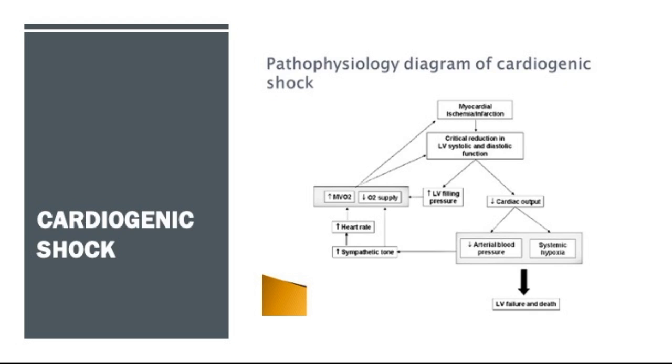So your body kicks it into gear. The RAA system is activated, your vessels constrict, which does return more volume to the heart, but the heart is the issue, and the heart can't handle more fluid. And then this increases myocardial demand, making the heart failure worse.